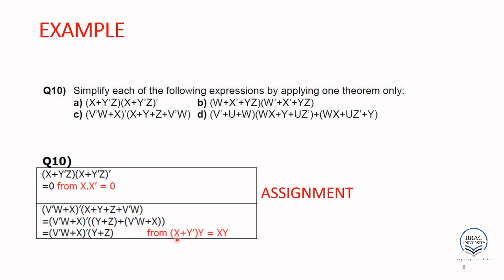Comparing with a similar equation which you know from the initial couple of slides, it becomes p prime w plus x whole prime into y plus z. Just replace your x and y. If you consider this one as y, then this one becomes y prime and this one as x, and later just put in the values using this equation. So you'll find p prime w plus x whole prime into y plus z.